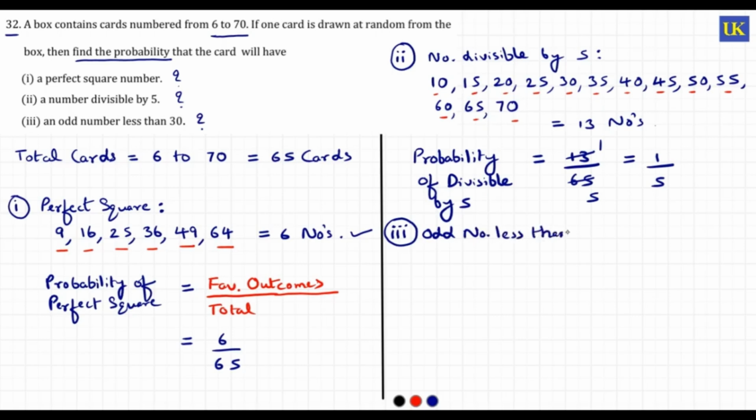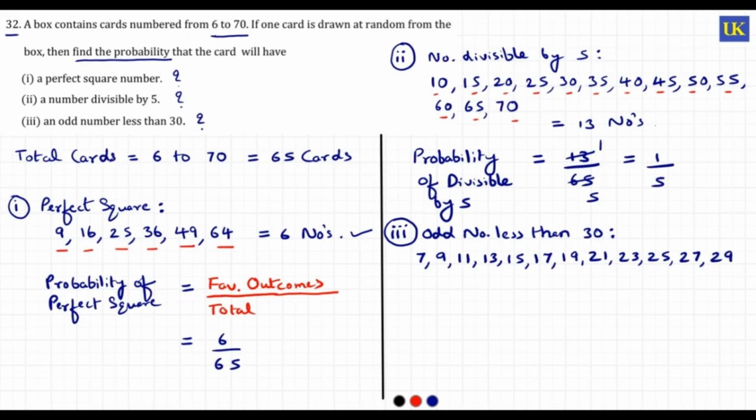After 6, which is even, we have 7, then 9, 11, 13, 15, 17, 19, 21, 23, 25, 27, and 29 also we can take, because they are saying less than 30.